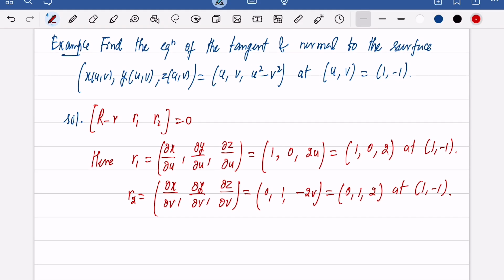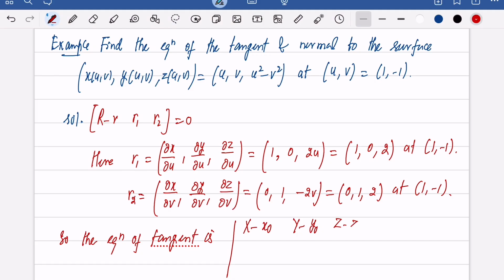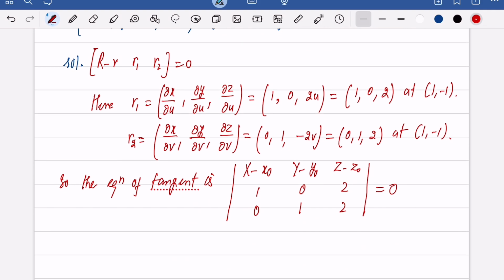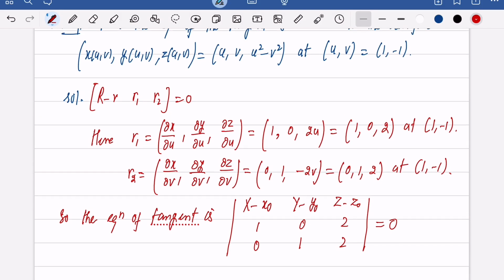So the equation of tangent is the determinant of x minus, we can now write this as, suppose, x naught, y minus y naught, z minus z naught. Now the second row of this determinant is 1, 0, 2, and the third row is 0, 1, 2, and equated to 0. Now here our question is how to evaluate this x naught, y naught, and z naught.